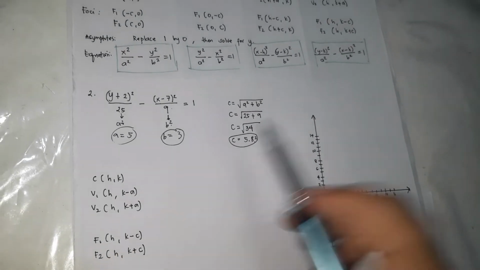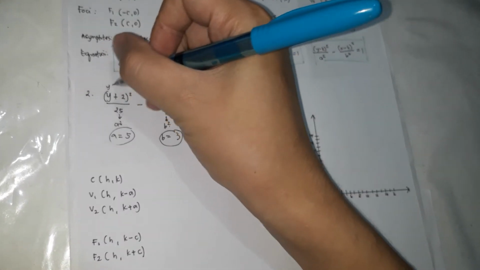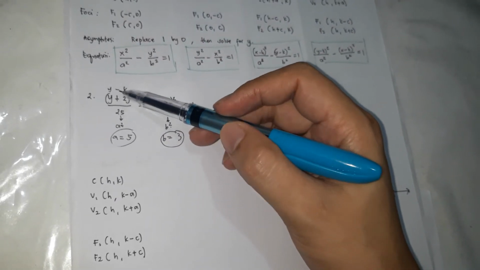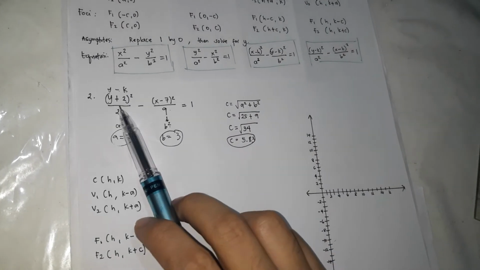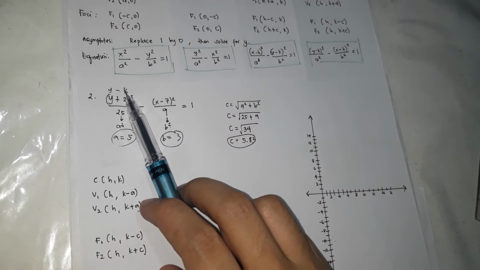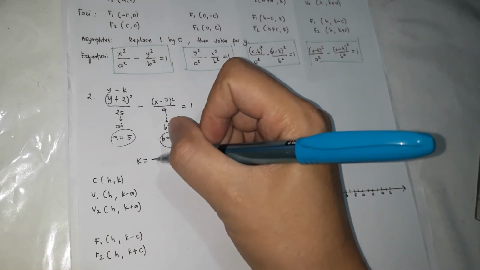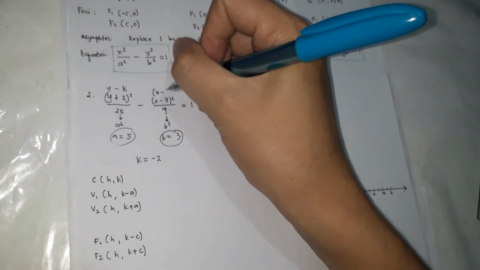Next, we're going to identify K and H for the center. So as you can see, y minus k. So y minus k, it should be y minus k. So ito si k. However, kailangan na minus dito. So how are we going to identify that? So instead na positive 2, ang isulat mo, it's negative 2 si k. Si k is negative 2. Next, this is x minus h.